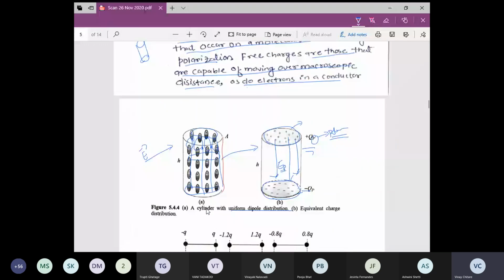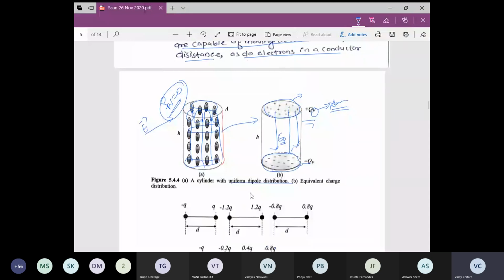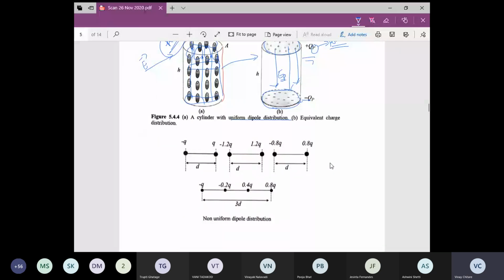But in the case of a uniform dipole distribution, this rho pb will be 0. Whereas in some other cases it's not possible to have a uniform dipole distribution. In that case you have both things, bound volume charge and bound surface charge.